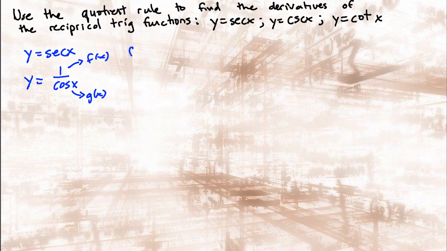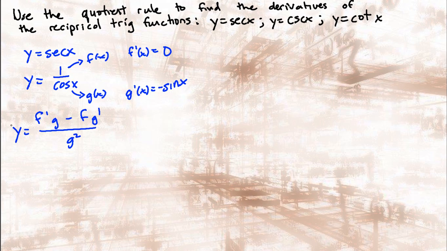So f prime of x, the derivative of the numerator, is 0, because the derivative of a constant is 0, and g prime of x, the derivative of cosine, is negative sine. Okay, using the quotient rule, which is this, and this is g squared, and this is dy dx.